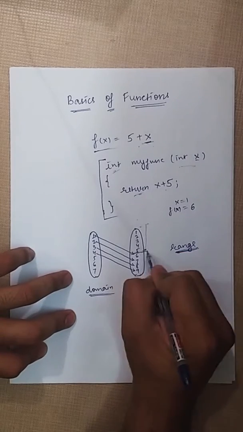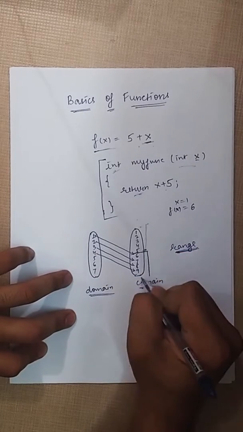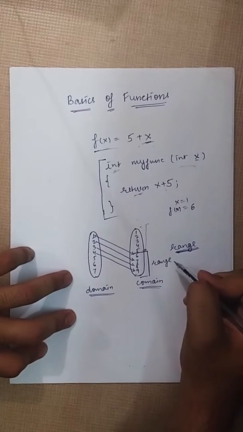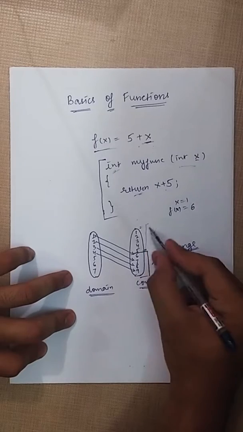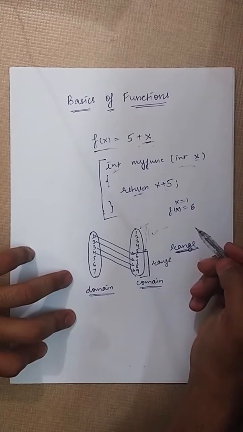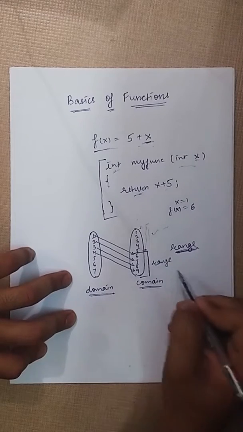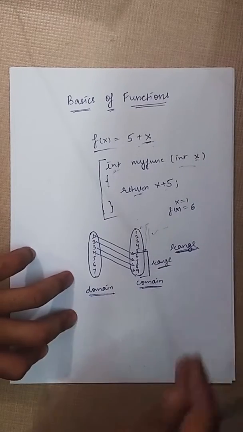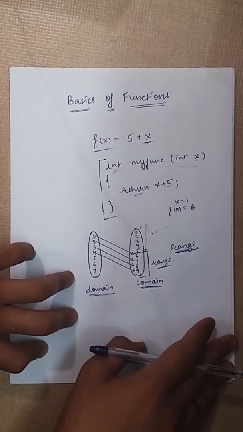Those which can be reached are the range. The numbers outside the range cannot be reached. They are out of range, basically. So these are the very basic 3 terms. You will hear them a lot when we talk about functions.